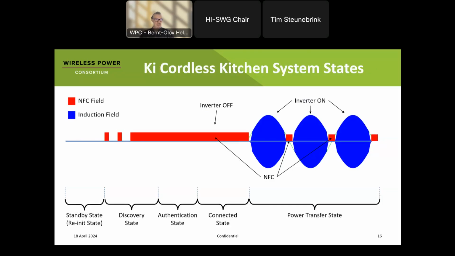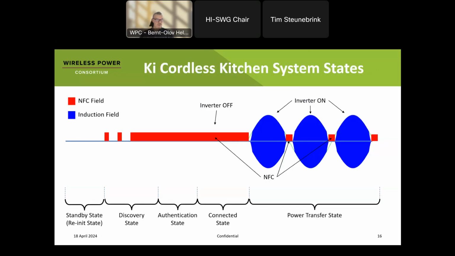So, how does the system work? This is a brief picture of the system states. There is a standby state where everything is basically shut off, but it's ready to work.